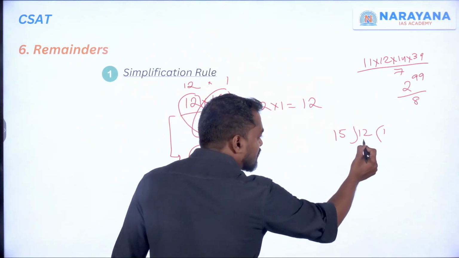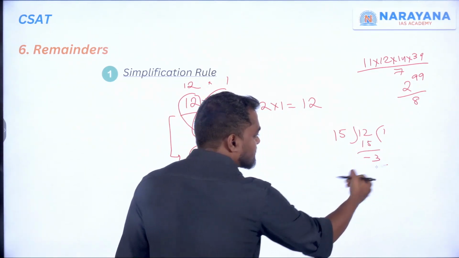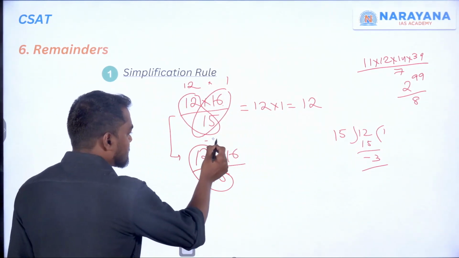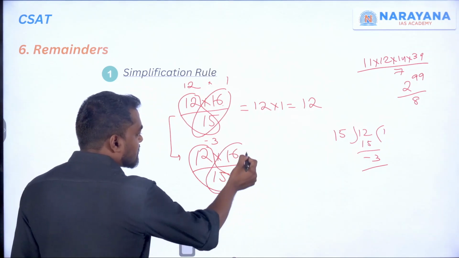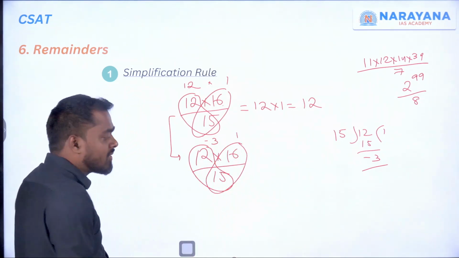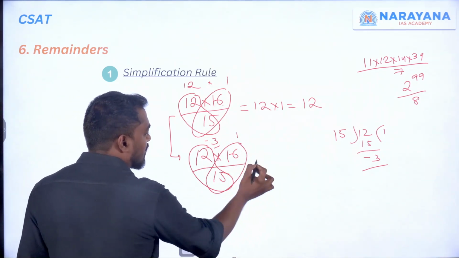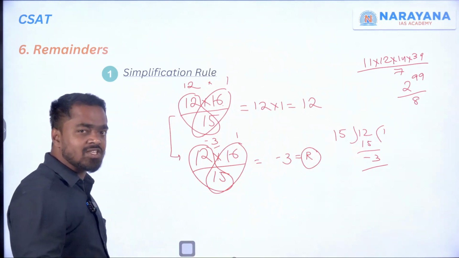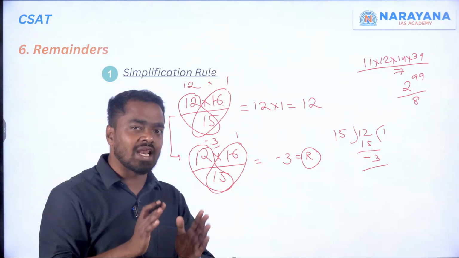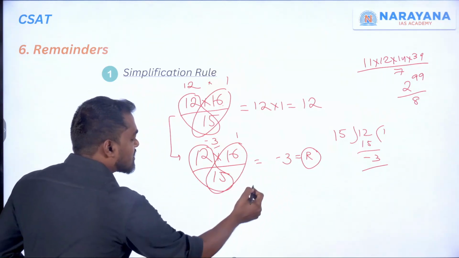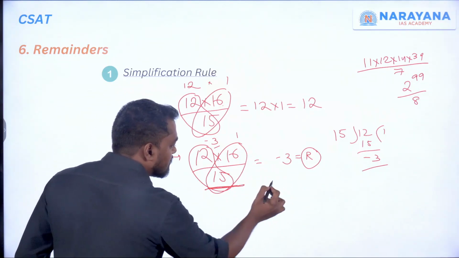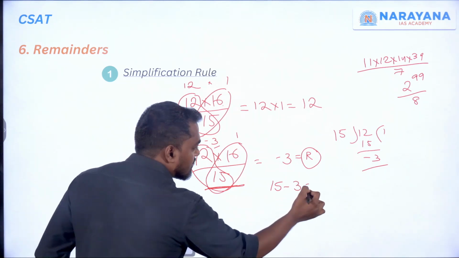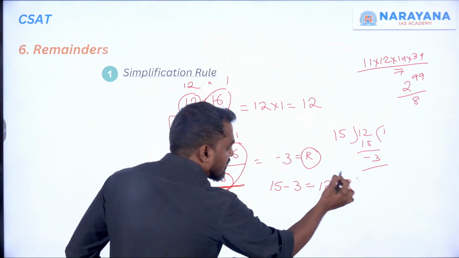If you take 15 ones are 15, the remainder is minus 3, right? Minus 3. What is the remainder in this case? 1. If you multiply minus 3 and 1, you are getting minus 3 as your remainder. But this is not the actual remainder. This is just to make our calculation simpler. Now what is the original remainder? Take the divisor, 15 minus 3, 12 is your remainder.